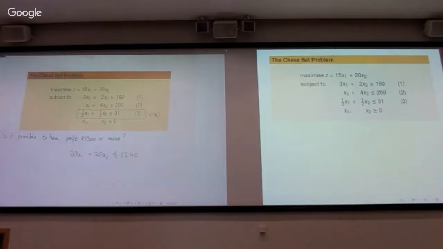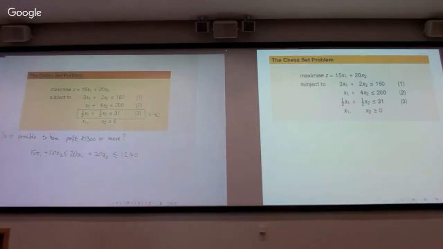Okay, now, this, however, is certainly not less than 15x1 plus 20x2, right? Because x1 is non-negative, so if instead of taking 20x1, we take 15x1, we're not going to make the expression larger.